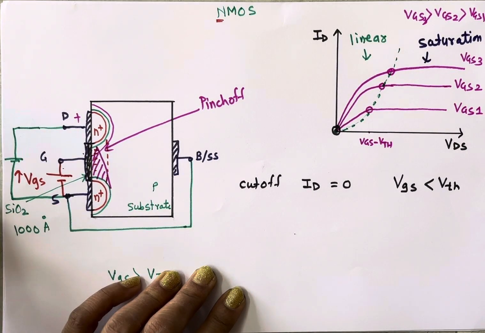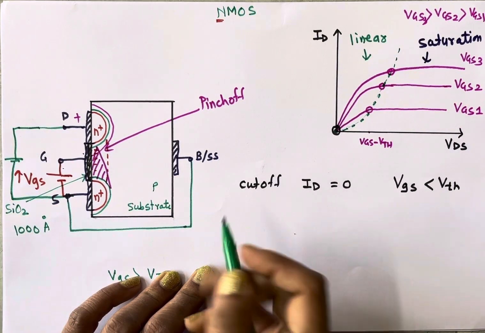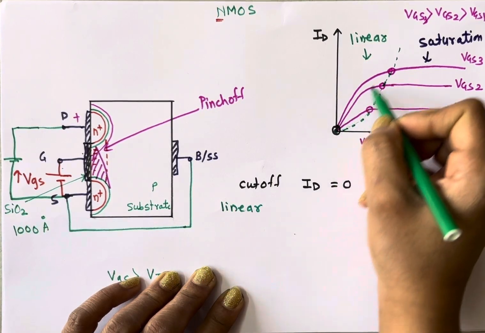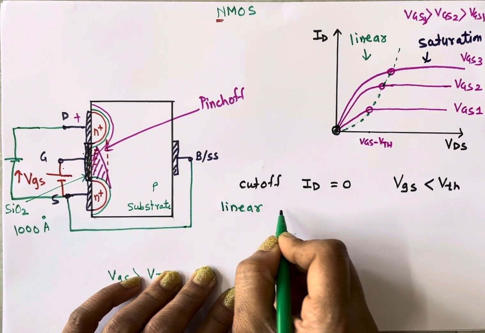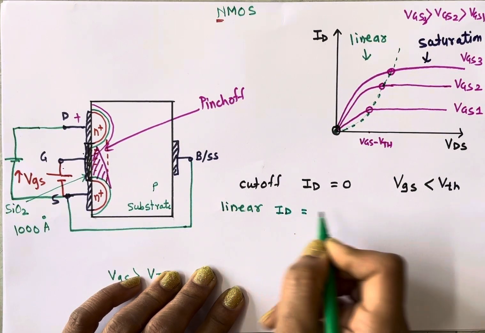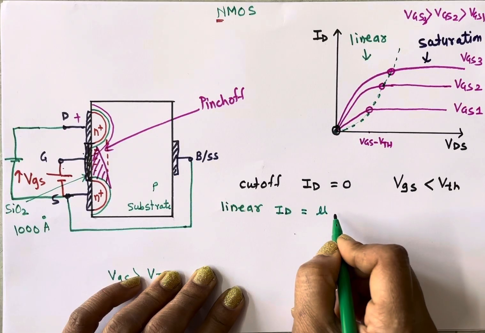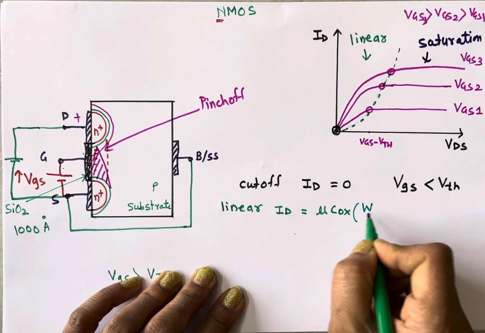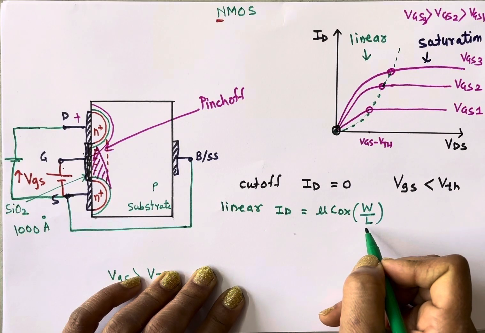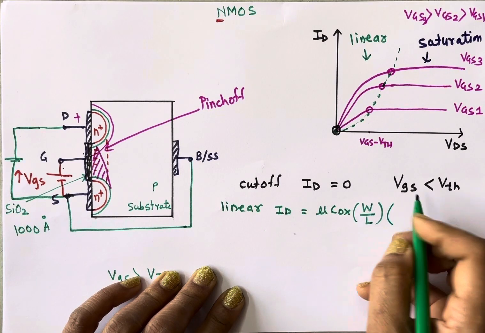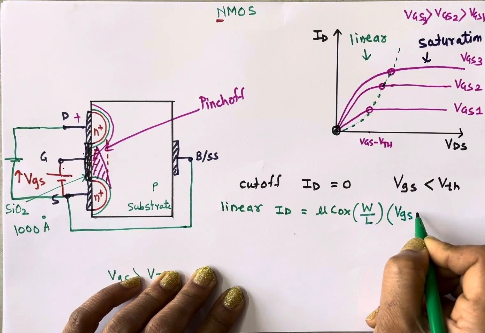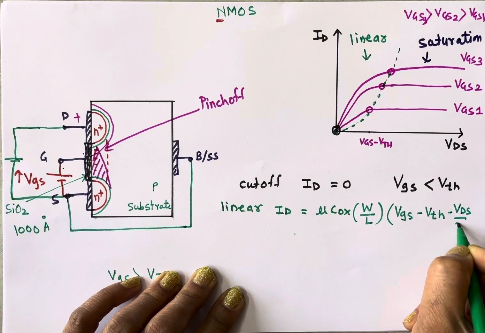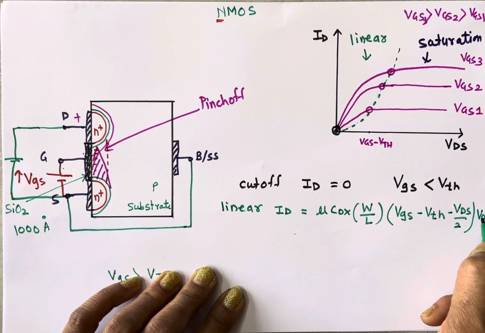Then next is the linear region, where current increases continuously. So ID is equal to mu, mobility, times COX, gate oxide capacitance, times W by L, width and length of the channel, times VGS minus V threshold minus VDS by 2, times VDS.